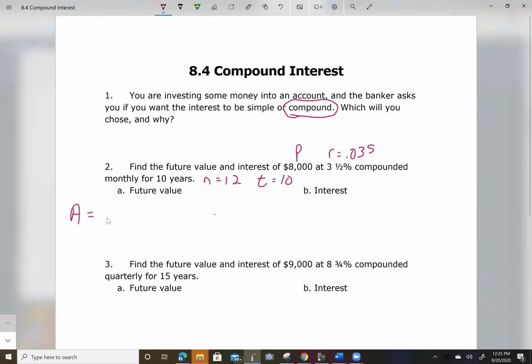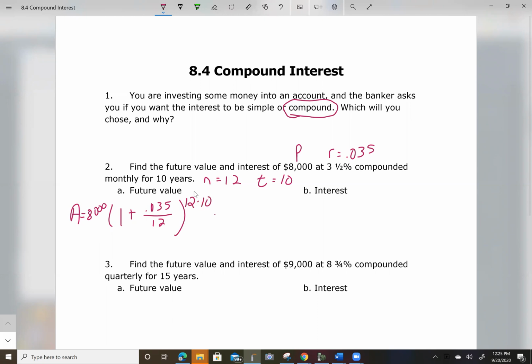A equals P times (1 plus R, 0.035 divided by N, which is 12) to the power of N times T. Oops, let's replace our P with 8,000. A is the future value.